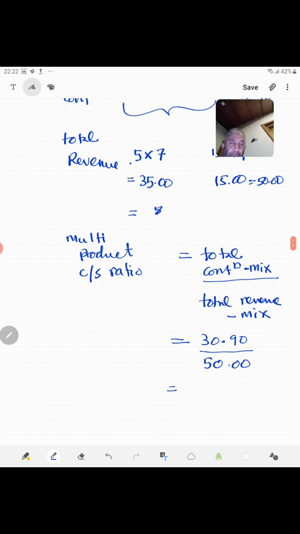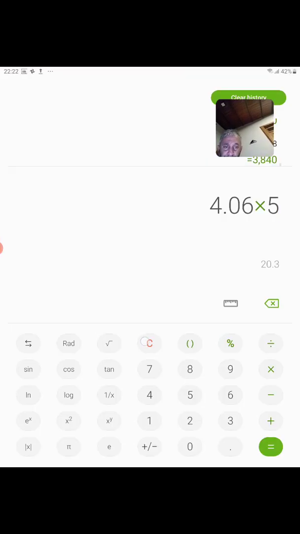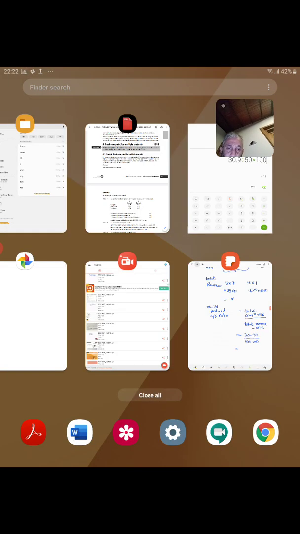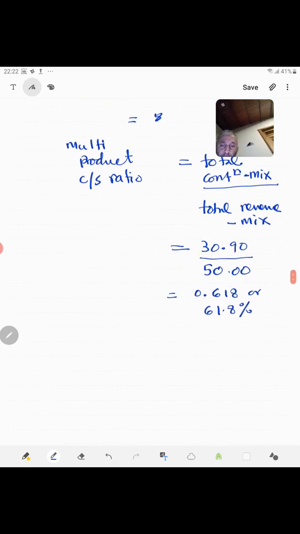So 30.90 divided by 50, times 100, gives you 61.8, either 0.618 or 61.8%.